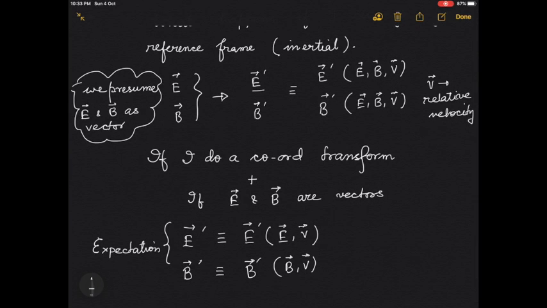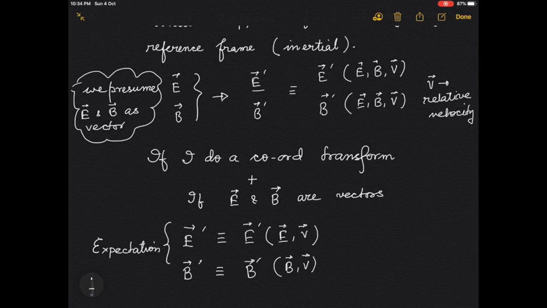And that is telling you something is wrong in our understanding of the Maxwell's equations in this way, or our understanding of electric and magnetic fields in this way. And yes, there is something wrong. What is wrong is that they're not strictly vector quantities.